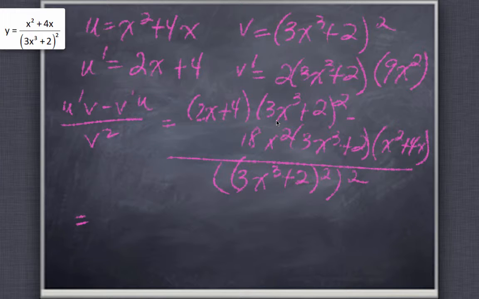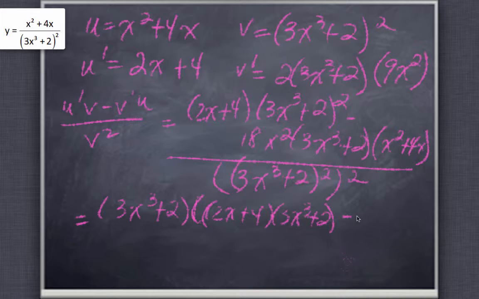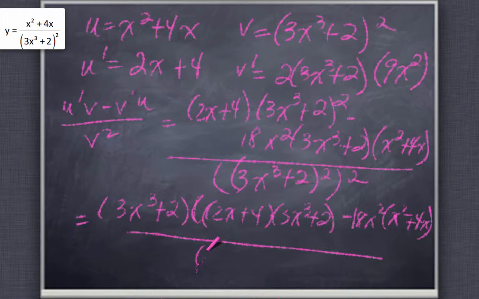So I'm going to factor out 3x cubed plus 2. So that leaves me 2x plus 4 times 3x cubed plus 2 minus 18x squared times x squared plus 4x over 3x cubed plus 2 to the fourth.